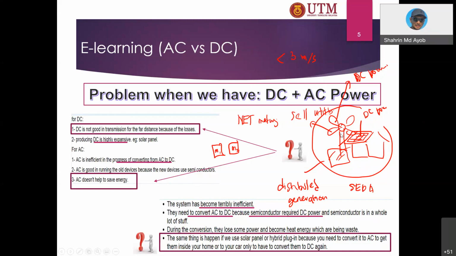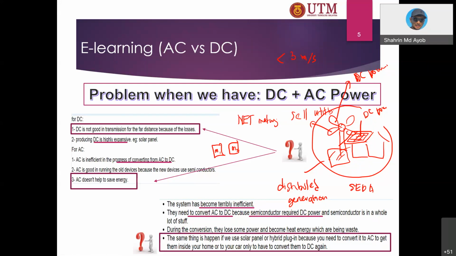And just for your information, in year 2020, Denmark or Germany, I think, successfully implemented their objective where 100% of their energy supply came from the wind turbine. 100%.